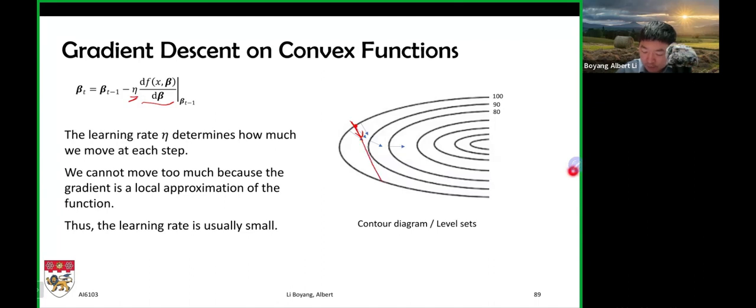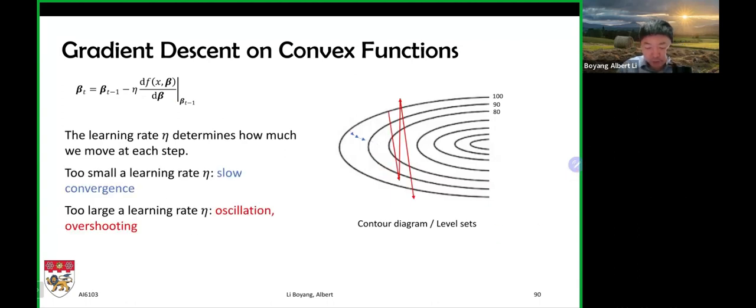But if you move by a lot and reach this point, it may not decrease, but may even increase the function value. That is because the gradient is not a good approximation for the function over such a large interval. Therefore, we typically want to use a pretty small learning rate in order for gradient descent to be effective.